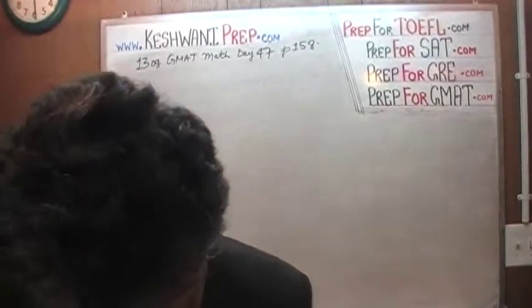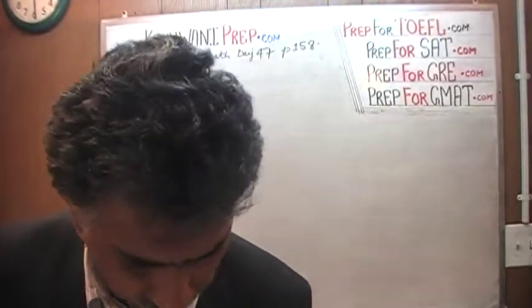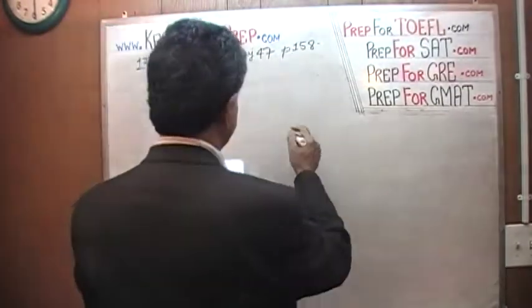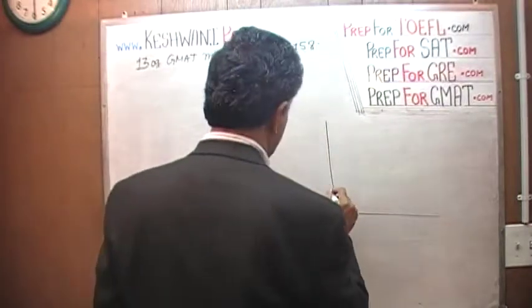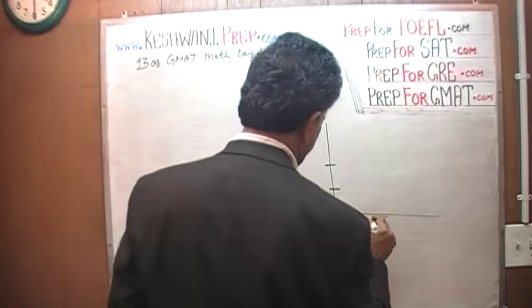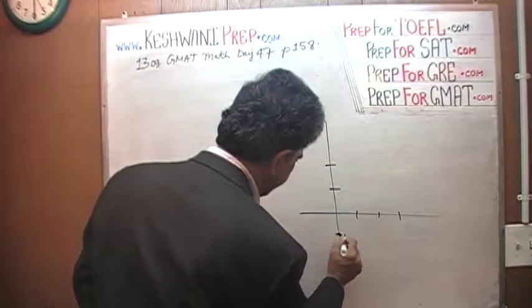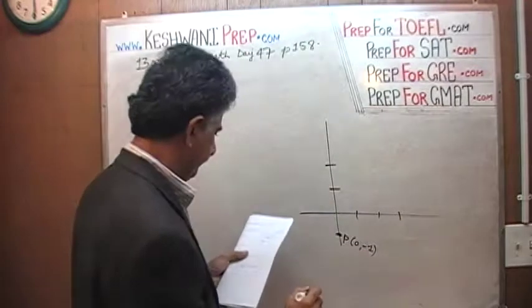Problem number 43 on page 158, the very first problem on the page. They give us a little diagram, so let me reproduce it here very quickly. First one is here, that's point P, and they tell us that is (0, -1).